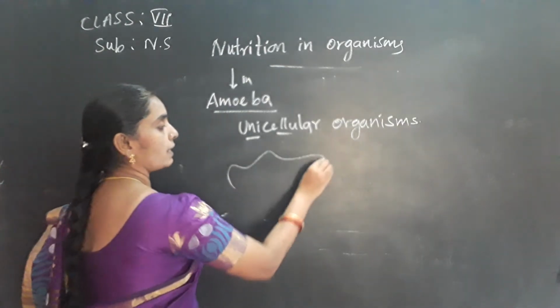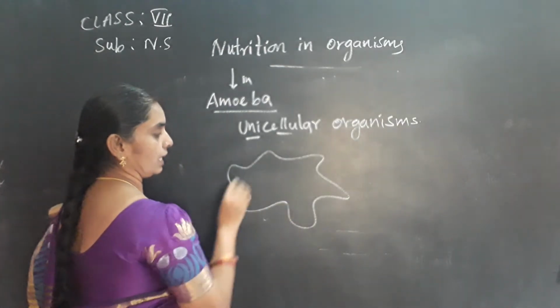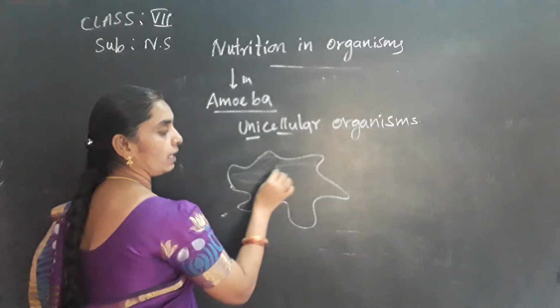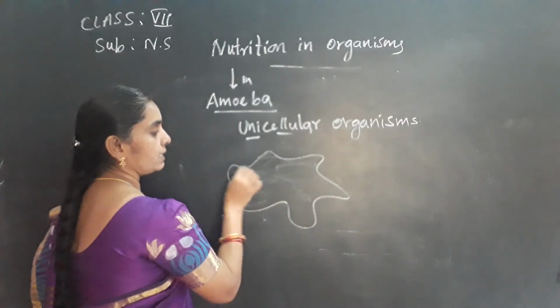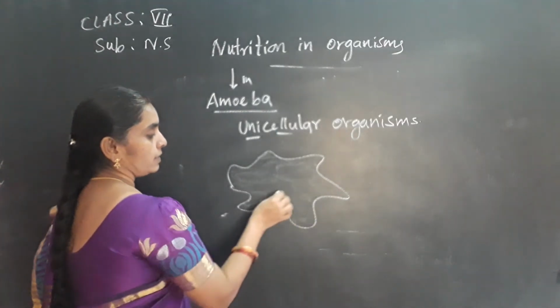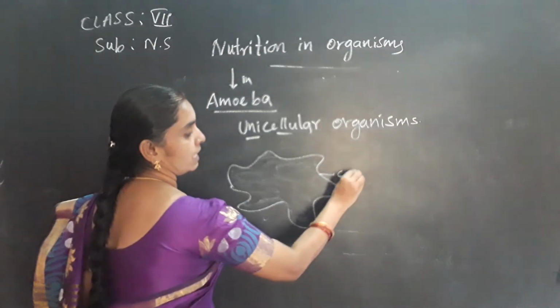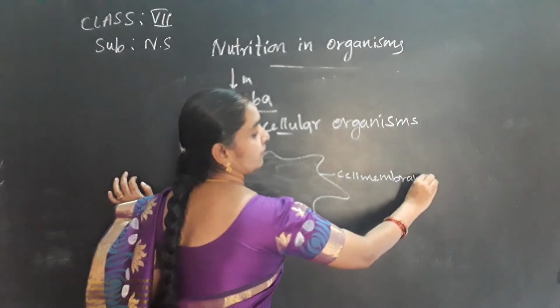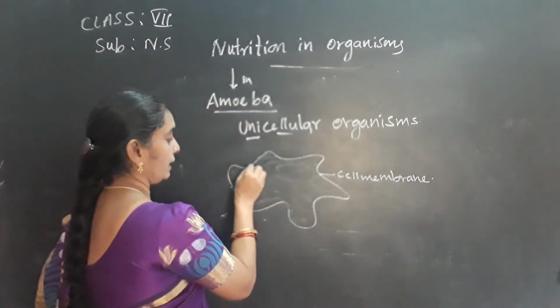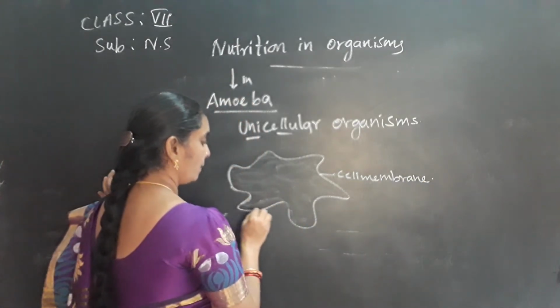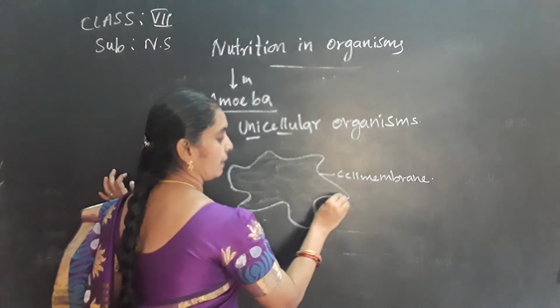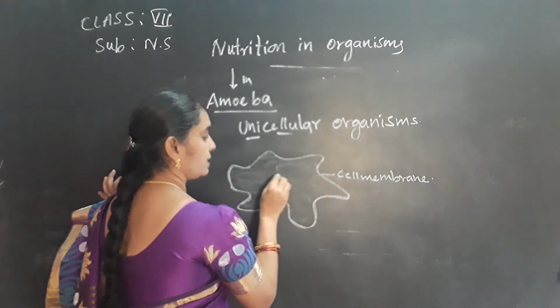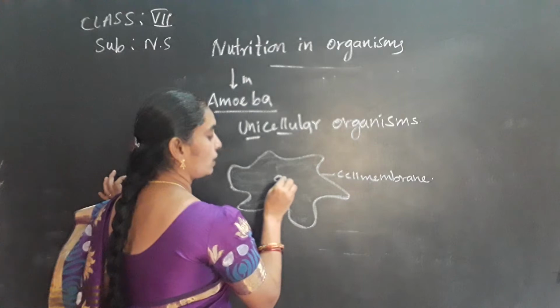Here, this amoeba is irregular in shape. It consists of the outer cell membrane, which helps for the protection and gives the shape to the body. Inside, in the center, there is a nucleus, a cell organelle.